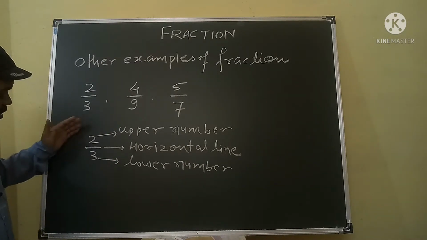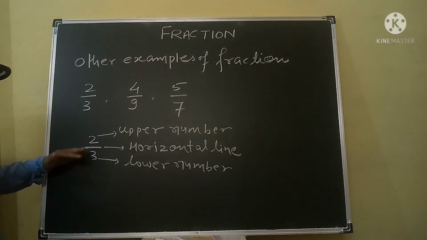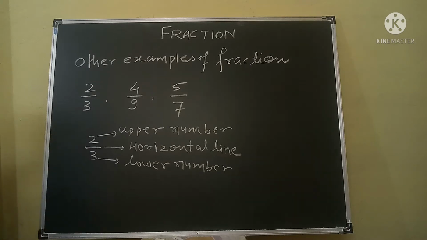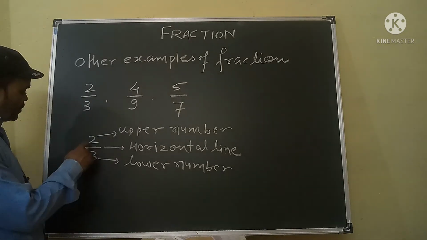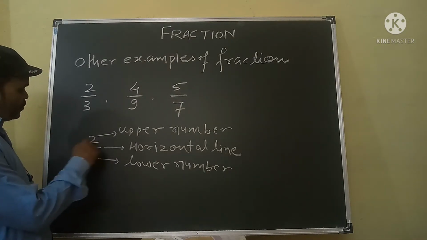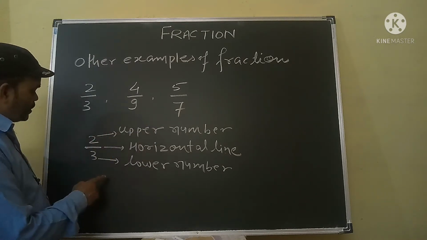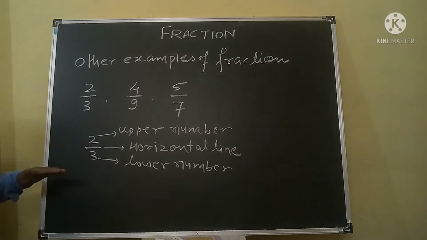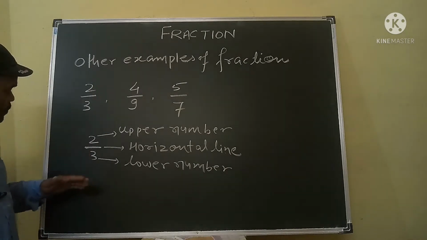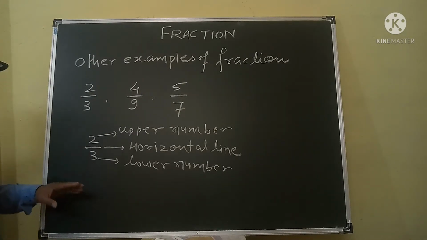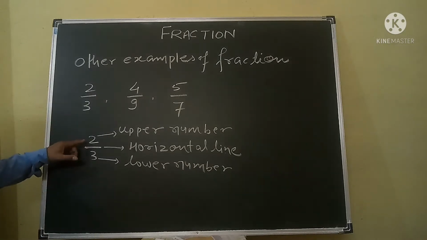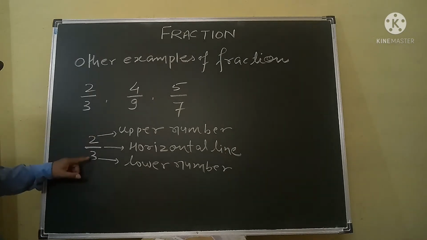One number is above the horizontal line and one number is below the horizontal line. So 2 is the upper number, and 3 is the lower number.